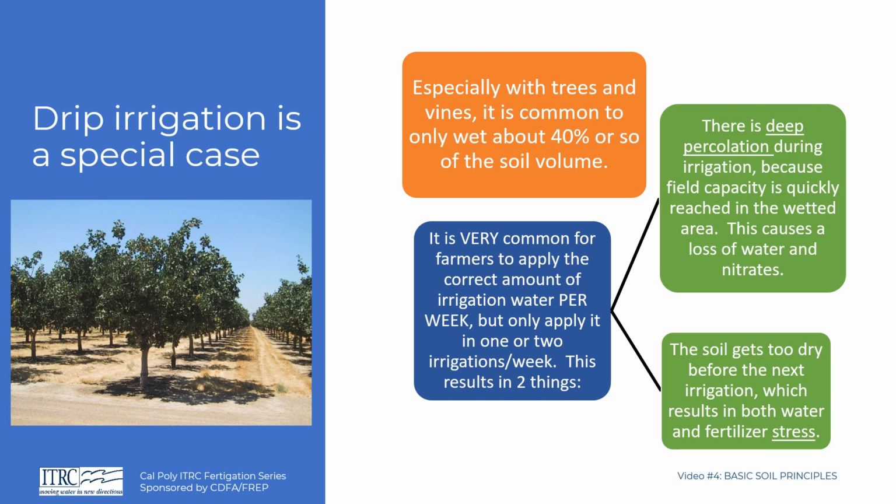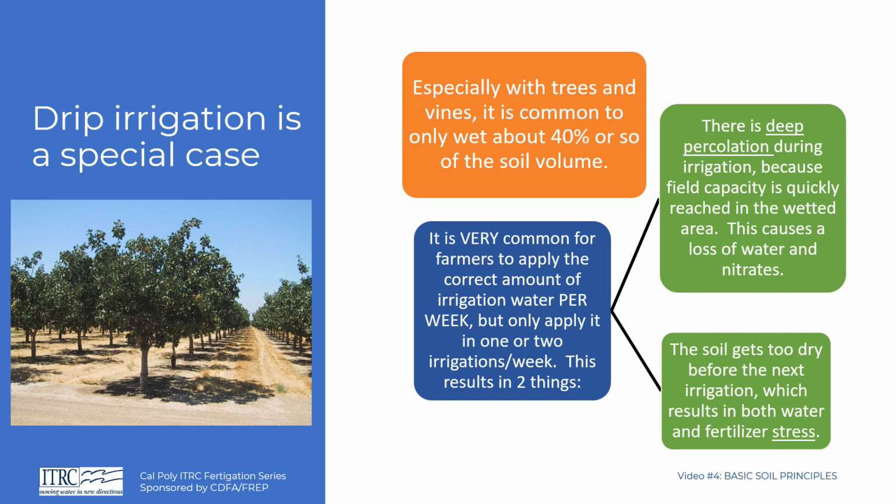Now here's the problem. Remember, there's a water holding capacity. And you don't have much water holding capacity here simply because you don't have much soil that gets wet. So it doesn't take a whole lot of water to fill up the, let's call it the reservoir, in the small amount of soil that's getting wet.